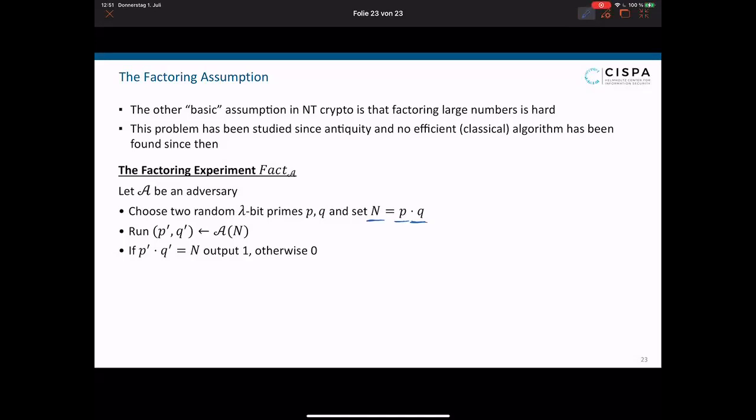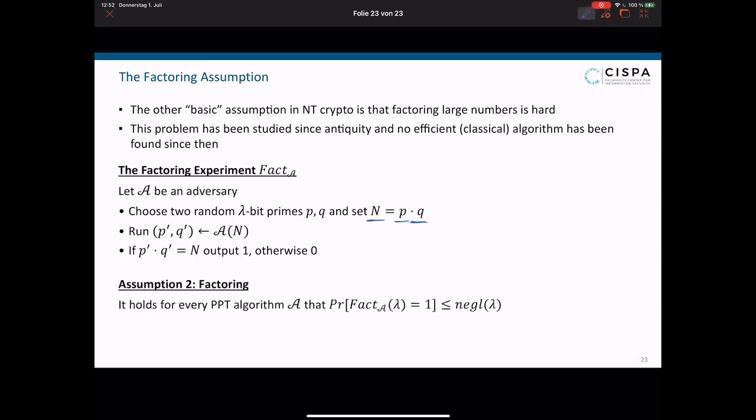Now this n is being given to our algorithm A, who returns P prime and Q prime. And if P prime times Q prime equals n, output 1, otherwise 0, right? The reason I'm writing this with P prime and Q prime is the order of these two things could be flipped. But of course, the prime factorization of n is unique.